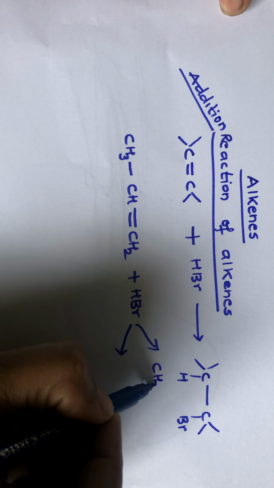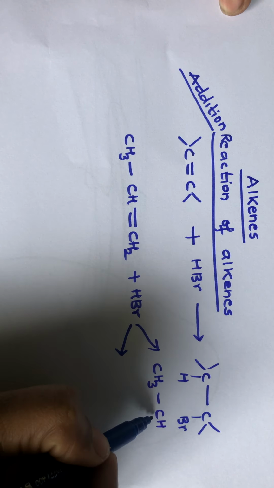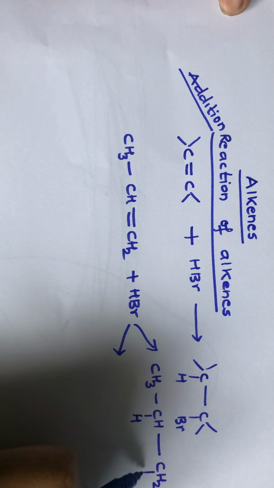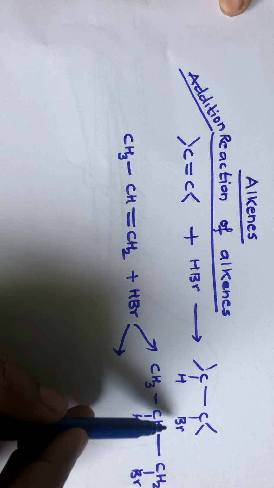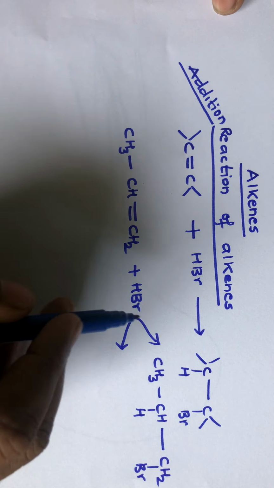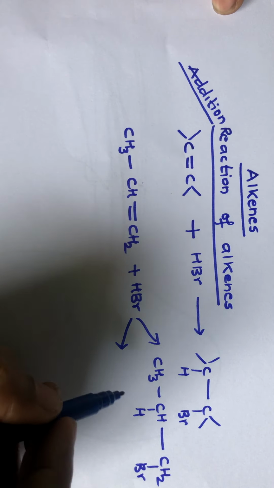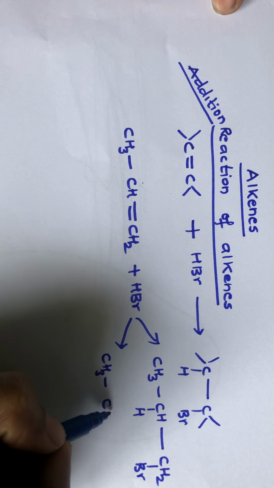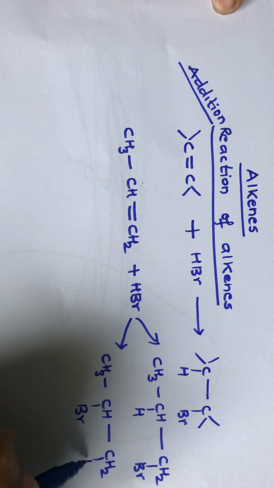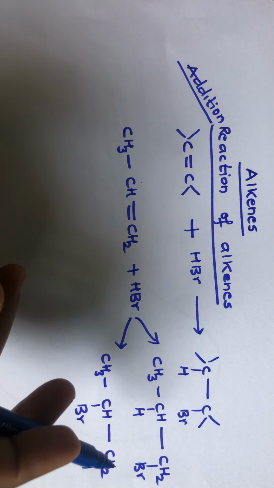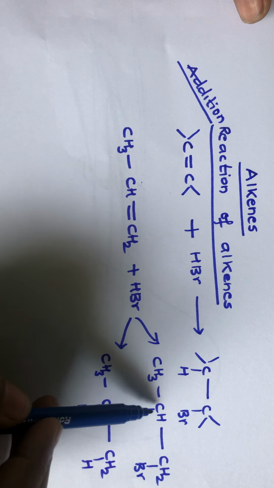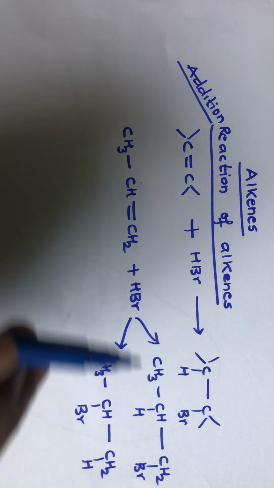So this is the product that you are going to get: CH3, CH2, CH2Br. The other way around is also possible. If Br attaches here, you get CH3, CHBr, CH3. Just to show that there is an addition, I have written it like this. So it is CH3CH2CH2Br or CH3CHBrCH3.